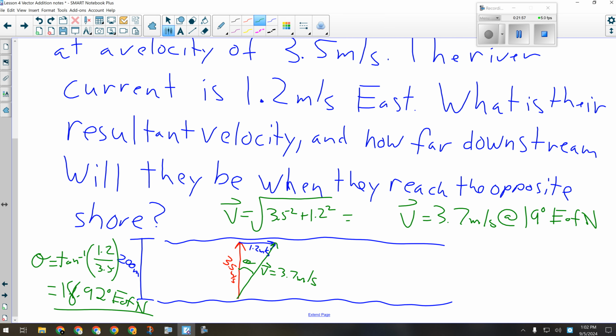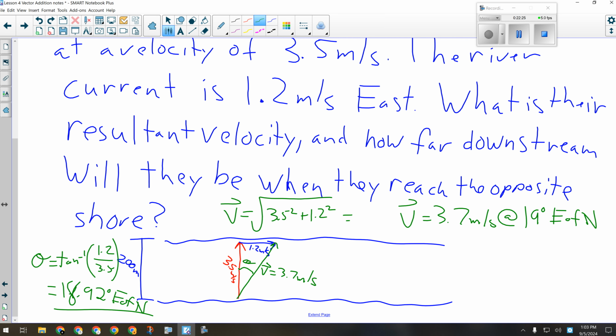That's our gut reaction, right? Because we just did all this work to calculate that 3.7. Is that 3.7 across the river? It's 19 degrees downstream of across the river. Do I have a speed or a velocity that is directed across the river?